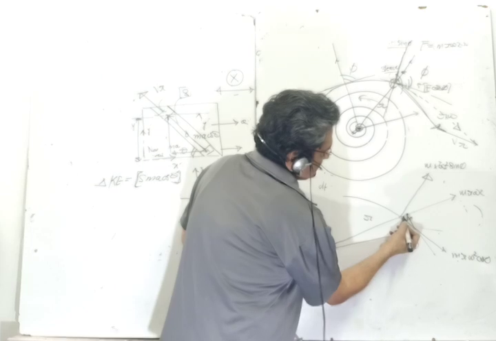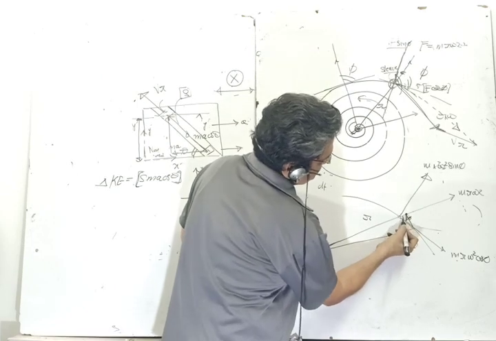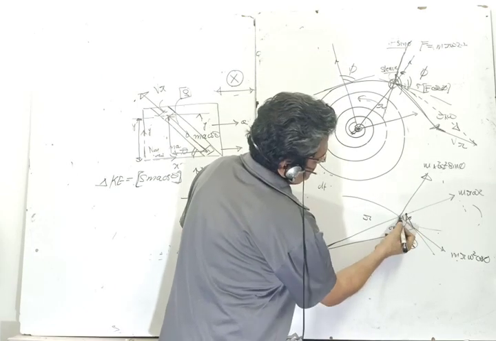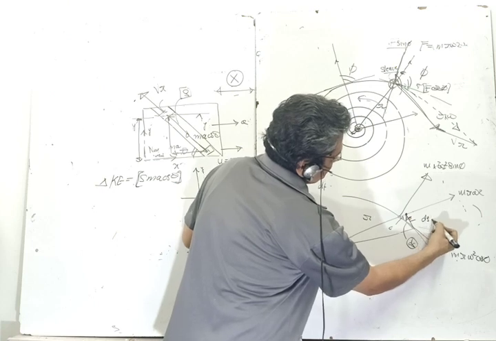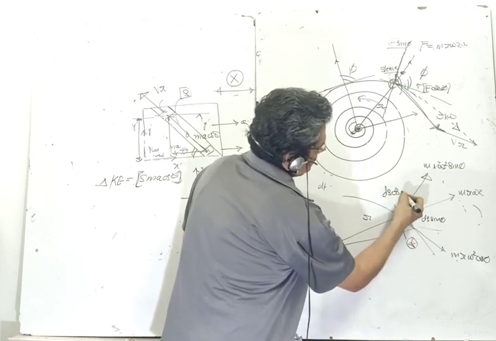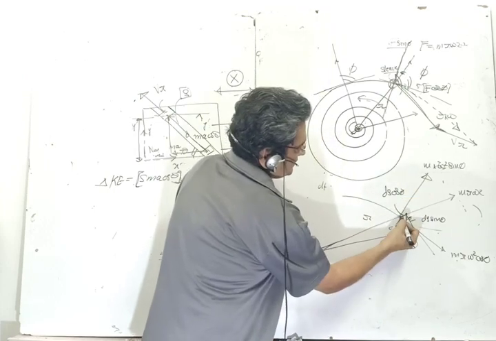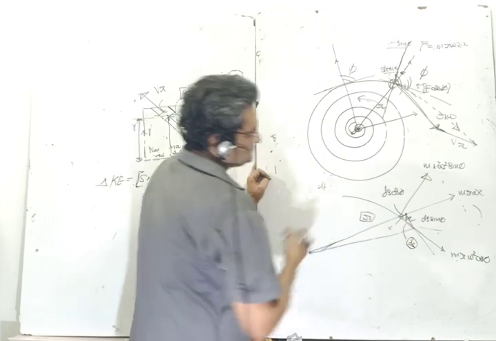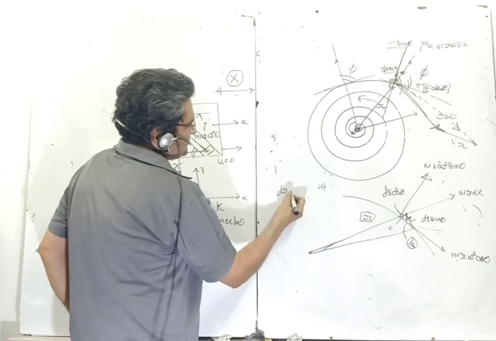So what is this? Because this angle is how much? This angle was phi. So this is ds sin phi, and this is ds cos phi. ds cos phi is that dr. dr is ds cos phi.